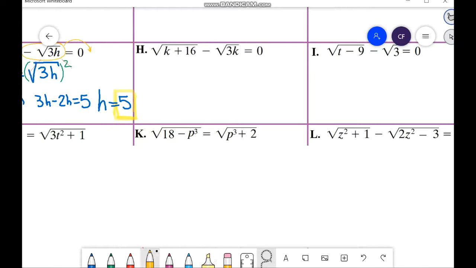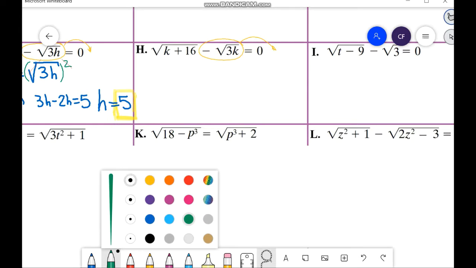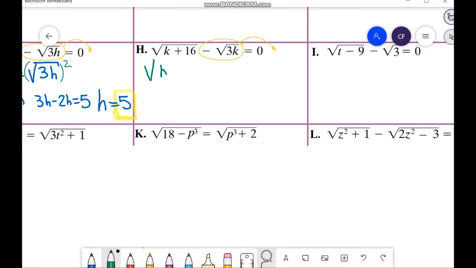Well, same thing, because the radicals are all on one side. You have to move and isolate the radical. And now we have the square root of k plus 16 equals the square root of 3k. So power of 2 on both sides, square both sides, because you can simplify.